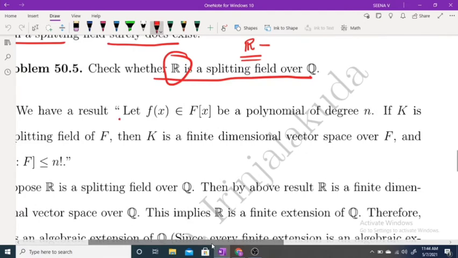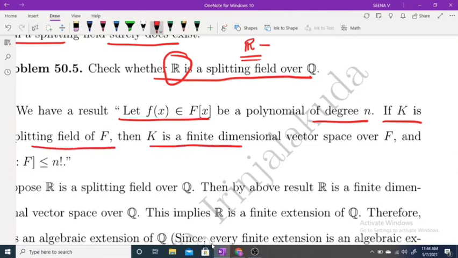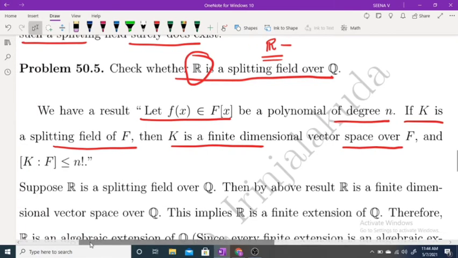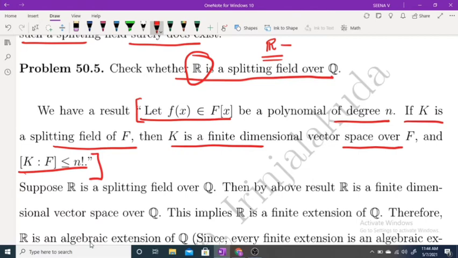Let f of x belong to F of x be a polynomial of degree n. If K is a splitting field of f over F, then K is a finite dimensional vector space over F and the degree of K over F is less than or equal to n factorial.